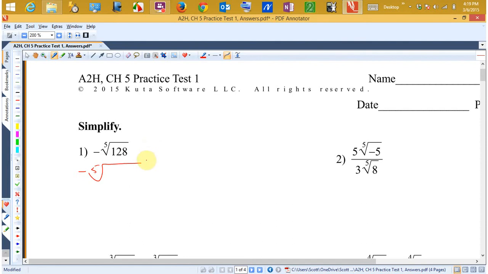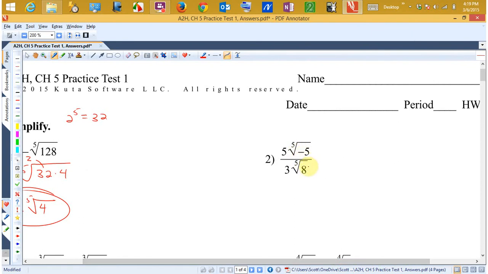Now 128 is equal to 32 times 4, so if I can break that up into 32 times 4, then the 32 is going to come out as a 2. So what I'm going to have is that negative still there, a negative 2 times the fifth root of 4. Moving to the next one.